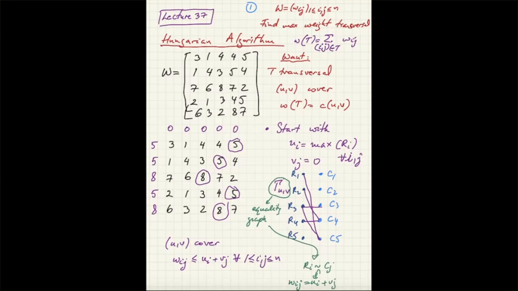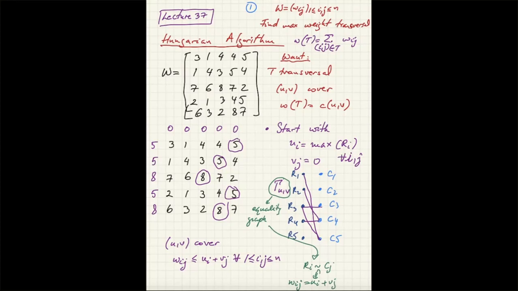In the first row is the entry 5, so row 1 is adjacent to column 5. In the second row is the entry 4, so row 2 is adjacent to column 4. In the third row is the entry 3, so we have row 3 adjacent to column 3.